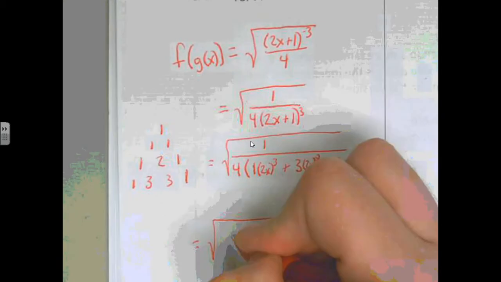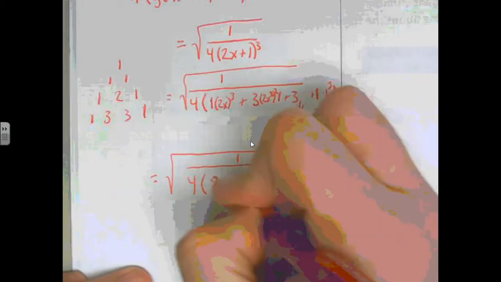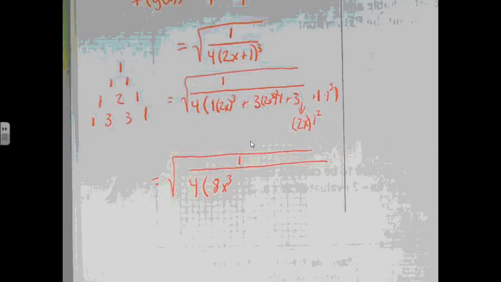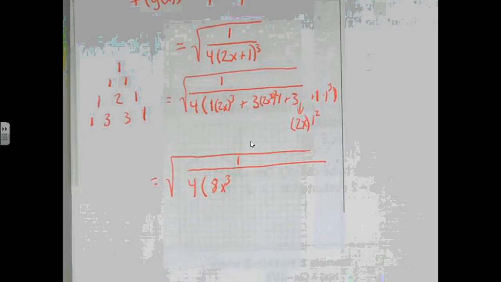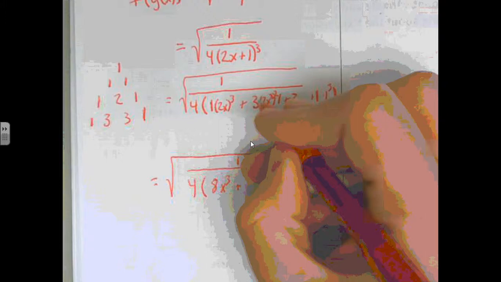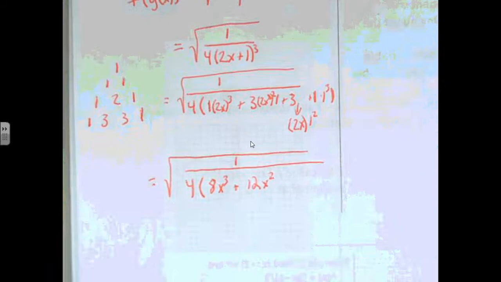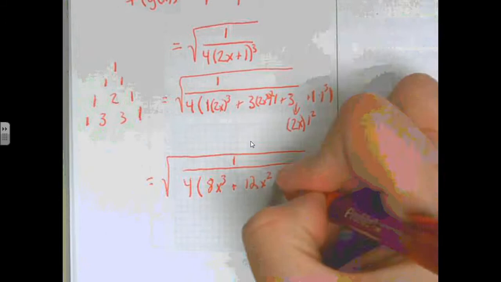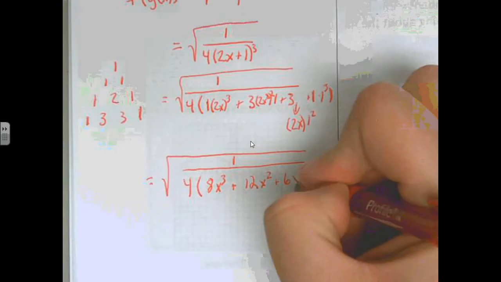So it's 1 over 4. This is 8x cubed, right? Plus 3 times 2 times 2 is 12, and this is x squared. 3 times 2 is 6, times 1 is still 6, and we only have 1x.